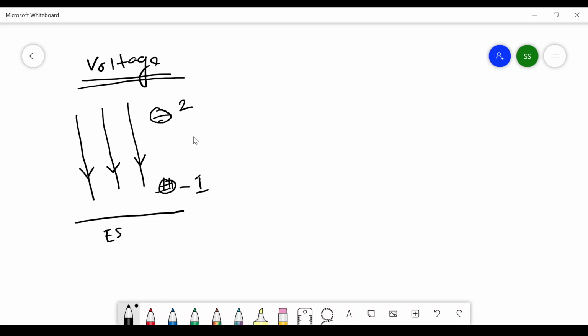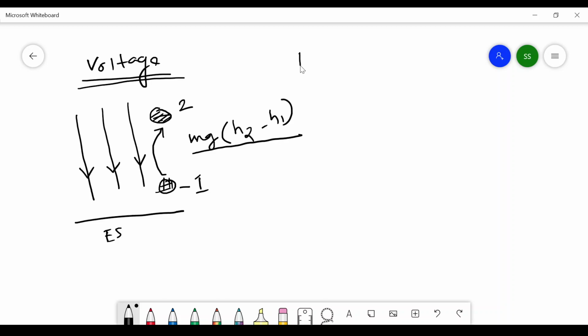The energy which will be stored in this material while transferring it from position 1 to position 2 will be mg(h2 minus h1). This is the static energy stored in the material while moving it from this position to this position.